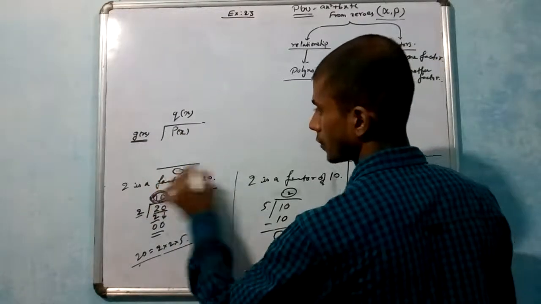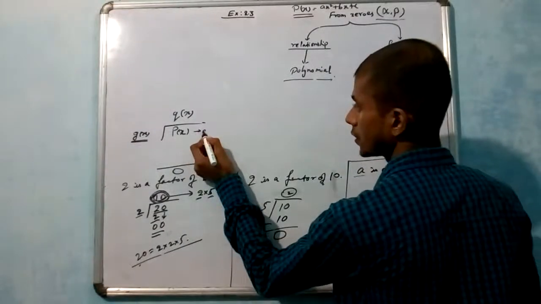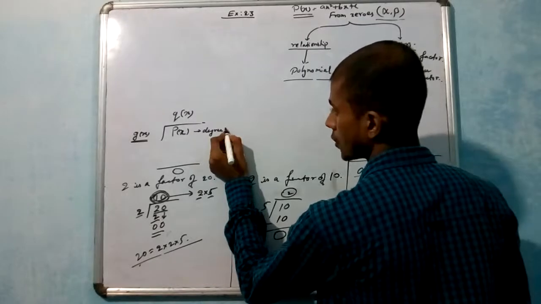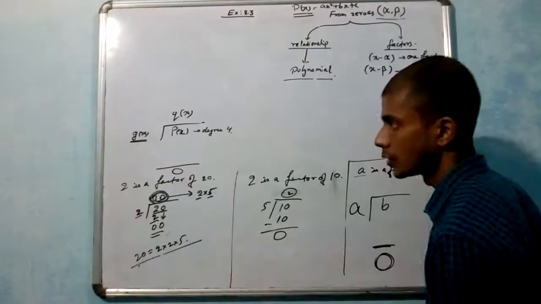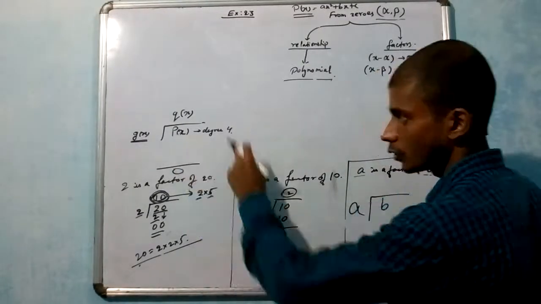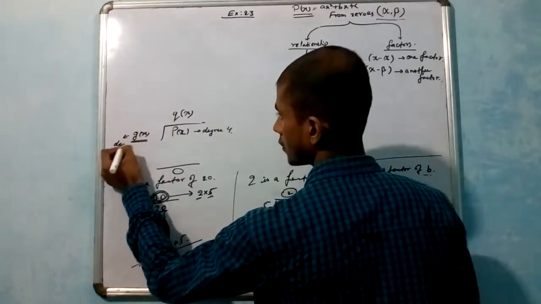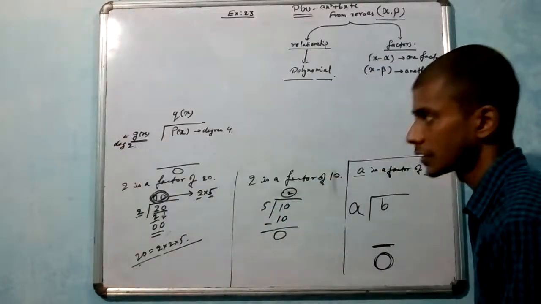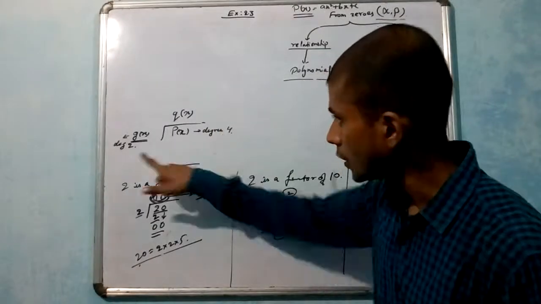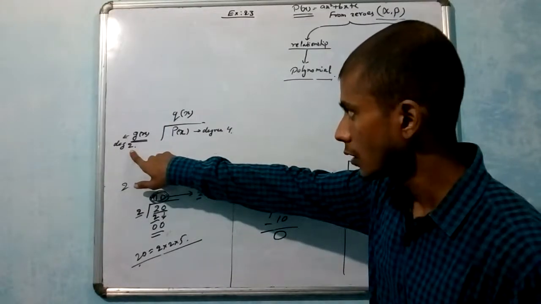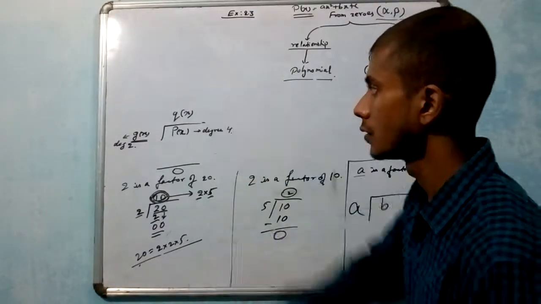Fine? Now suppose here the degree is 4, meaning the maximum power of the variable will be 4. And suppose here the degree is 2. When a degree 4 polynomial is divided by a degree 2 polynomial, what will we get as the quotient?